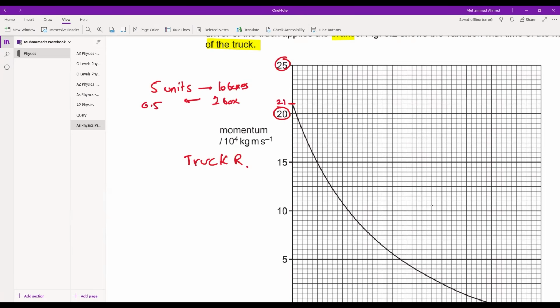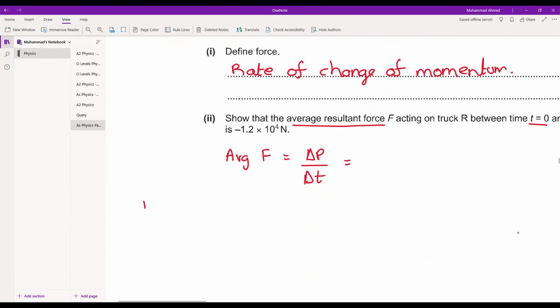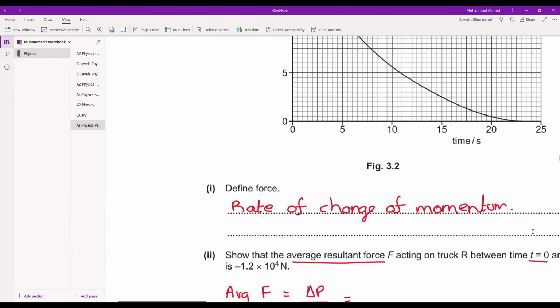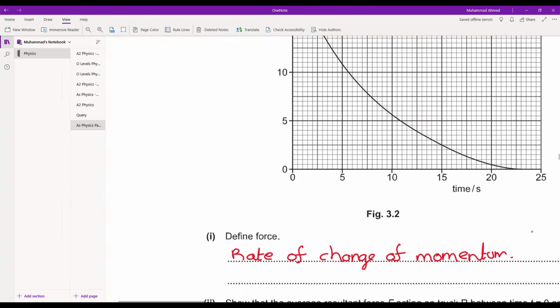This will become 21. 21 is your initial momentum. This initial momentum is 21 into 10 to the power of 4. Am I right? Yes. At 15 seconds, what's the final momentum?